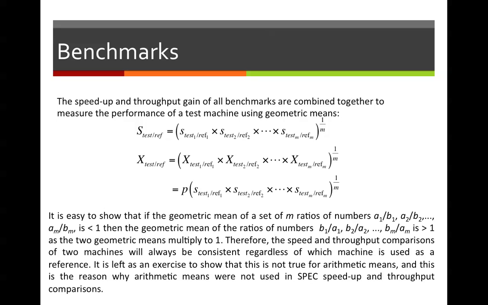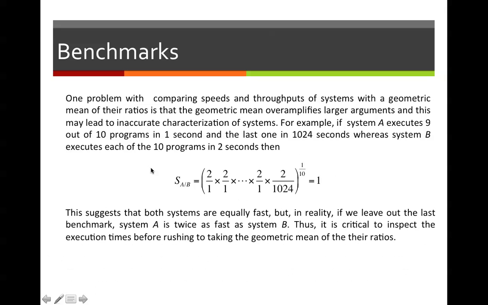If one way of measuring, let's say test over reference, gives an average speedup or average rate greater than 1, then if we reverse the roles and look at ref over test, we'll get a performance in each of these two categories that is less than 1, and therefore the conclusion will be consistent.